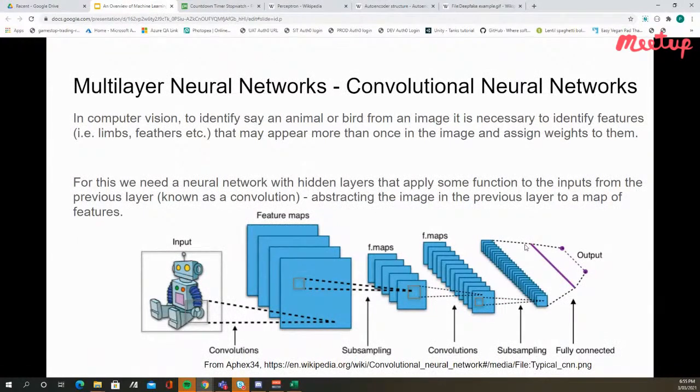As an extension of this, you can have something called a convolutional neural network.